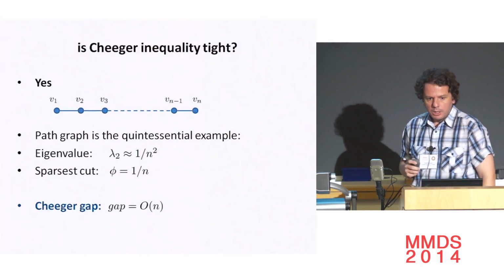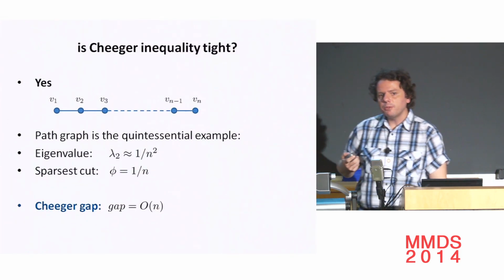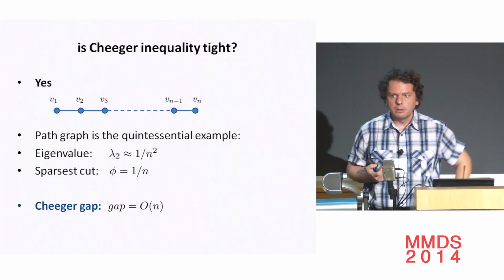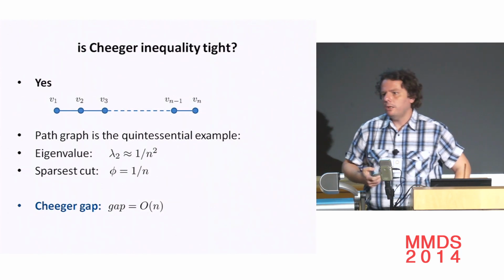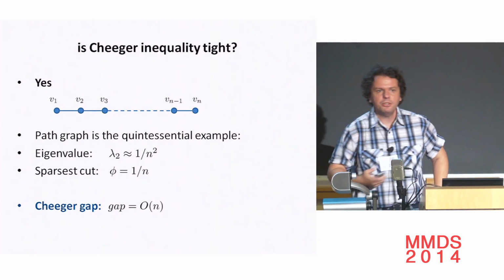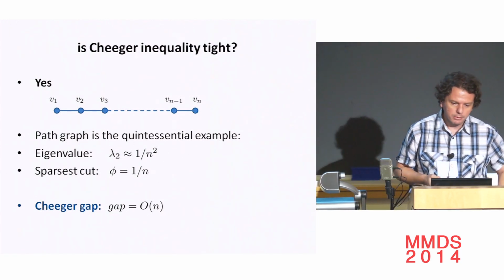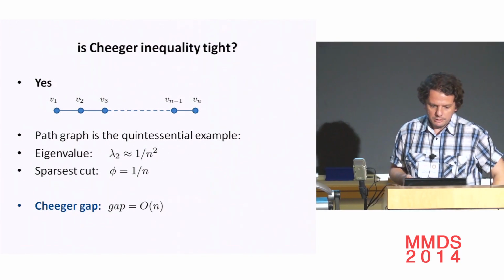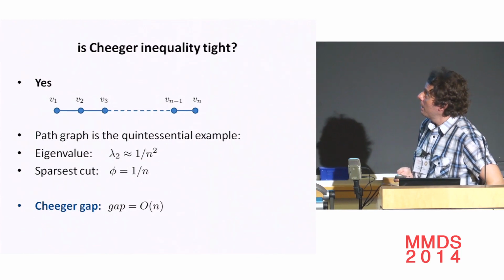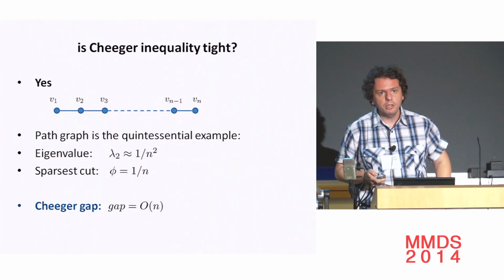Okay. So then the question becomes, is the Cheeger inequality tight? Can we perhaps improve it? Maybe it's just a mathematical theorem that hasn't been worked out in detail. Maybe we can do something better. But the answer is that the Cheeger inequality is tight.